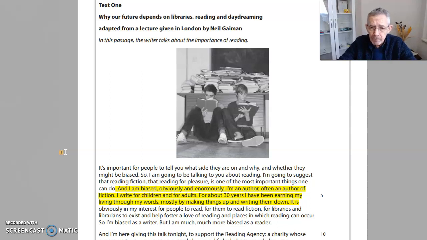Or he says he writes for children and for adults. Bingo. 1 point. That's all we need. Or we could say he says he earns his living through his words. Or he says he earns his living by writing. That's it. Okay, so we've got our answer to number 1.